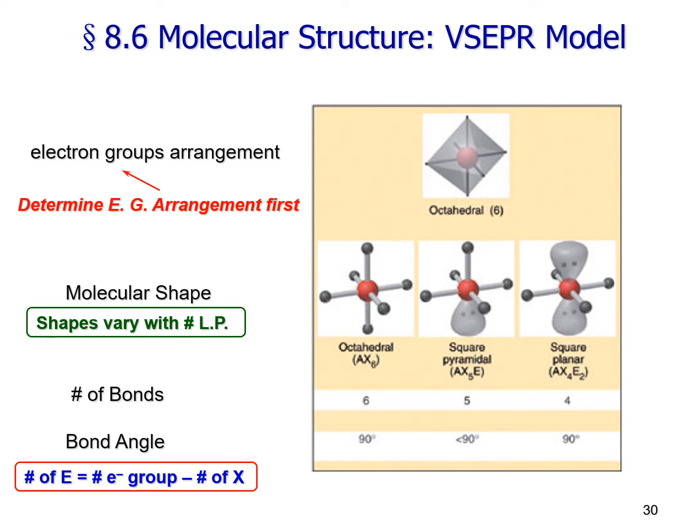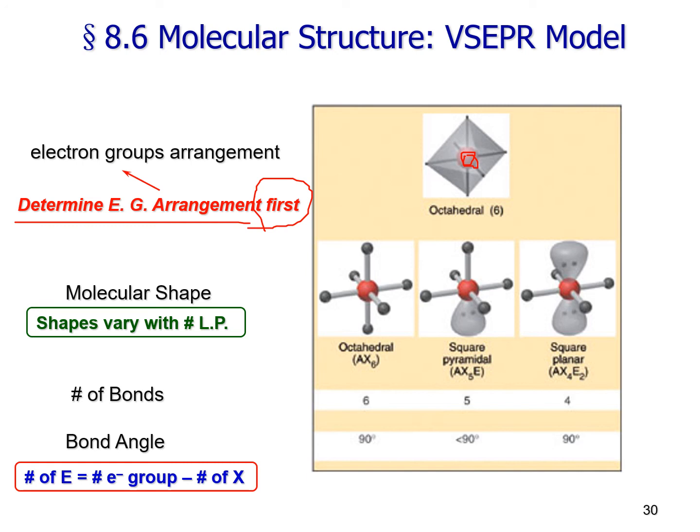Before we put an end to this lecture, I just want you to know, when we deal with VSEPR, we determine the electron group arrangement first. How do we know the electron group arrangement? Central atom. We do not have to worry about whether there are terminal atoms or not.